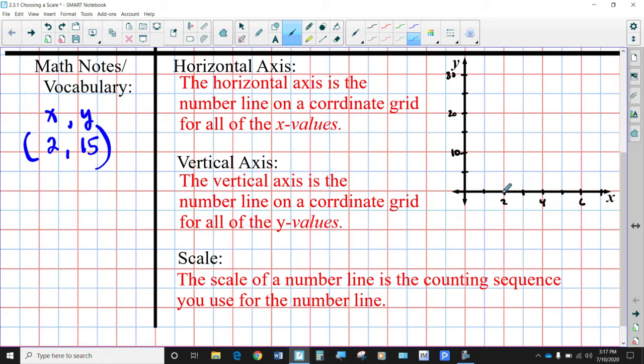So we would plot that by finding the x value first, always starting at the origin, going to the x value first, which is 2, and the y value would be 15: 5, 10, 15. We can label that point. And that's how you plot points on a coordinate grid. You've got both your x and your y points that you're plotting at the same time. So each one of these references their respective axis.